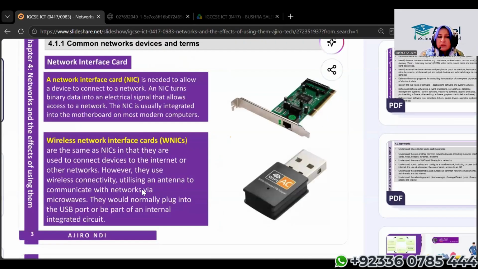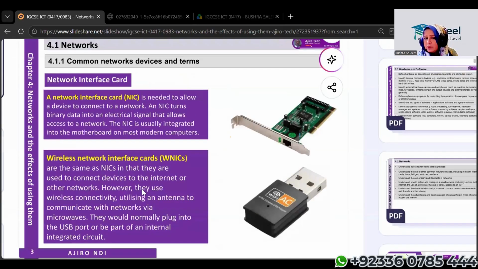Acha, now we were discussing the NIC card as well and the wireless access card. What is the NIC card? The network interface card. It is needed to allow a device to connect to the network. The NIC converts the binary data into the electrical signal that allows access to our internet.